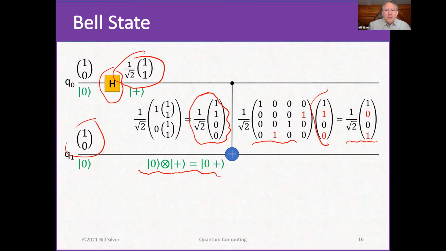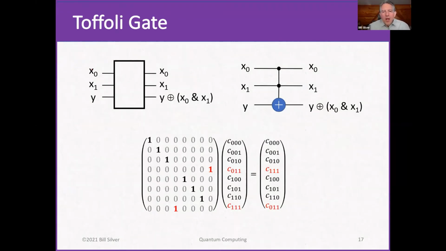All right. Now, there's another very important gate that is very much like the controlled NOT gate, except instead of having one control input, it has two control inputs. And the output is the exclusive OR of the input and the logical AND of the two control bits. So you can see the logical AND there. Okay, so this is kind of like an AND gate, right?